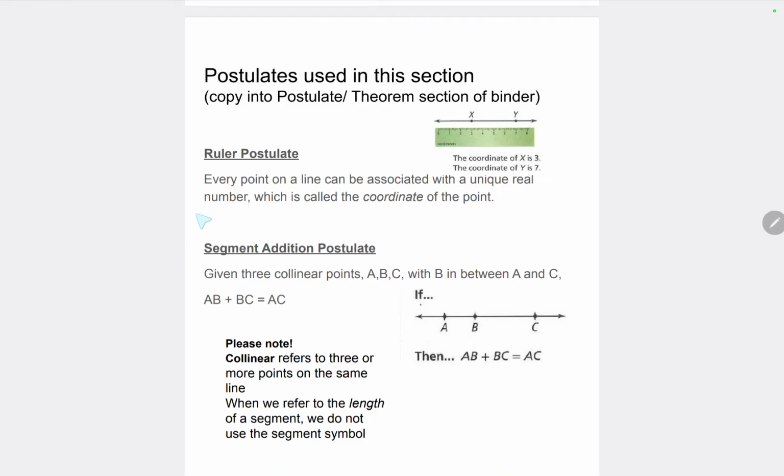So you want to think of this as being like the number line. In the example shown here, the coordinate of X is 3, the coordinate of Y is 7. We also have the segment addition postulate.